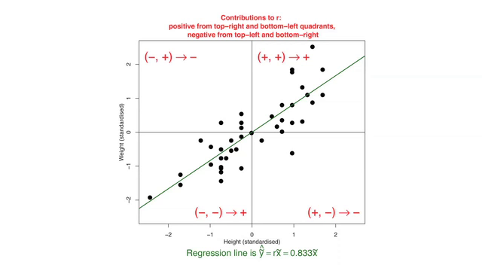I'm going to conclude this podcast by looking at what happens in regression if we do it in standard units, and we can see that it's actually very easy to derive the form of the regression line. Unlike other methods which rely on calculus, we don't need any complicated mathematics to do this.